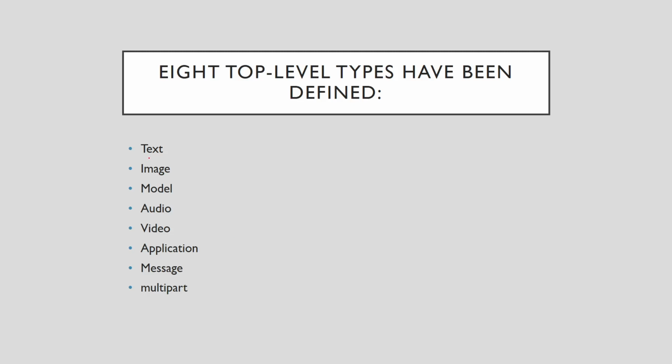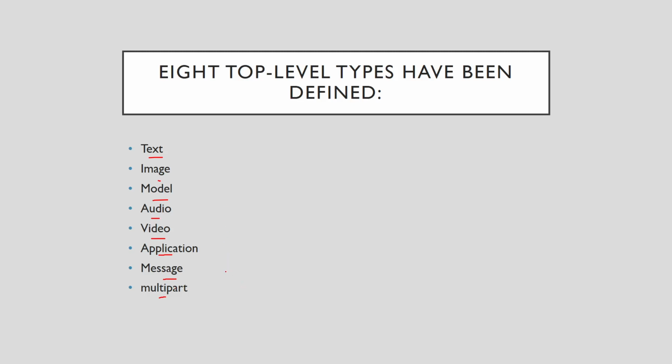We have text for human readable words, image for pictures, model for 3D models such as VRML files, audio for sound, video for moving pictures, possibly including sound, application for binary data, message for protocol service envelopes such as email messages and HTTP responses, multipart for containers of multiple documents and resources.